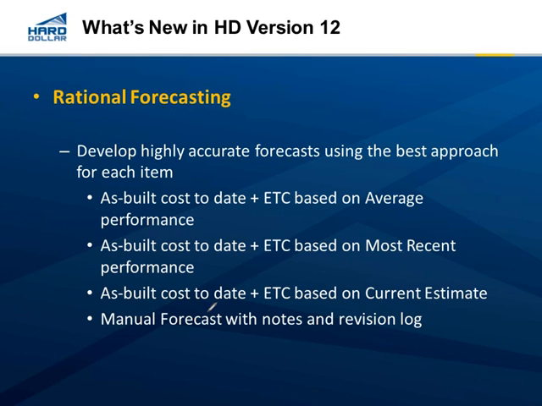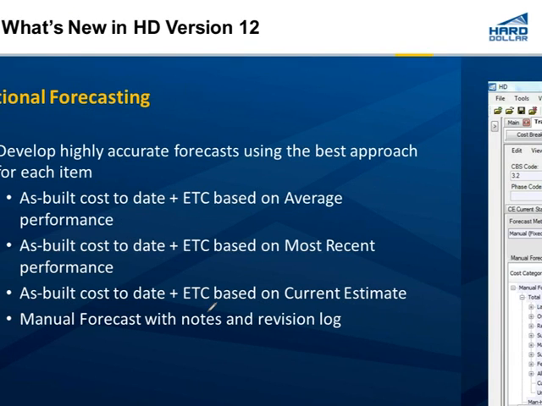So those three methods still exist. But we've added a fourth one, which is a manual forecast, so you can override what your cost of completion is going to be, and you can base all of these on your current budget or your control budget as well as your current estimate.